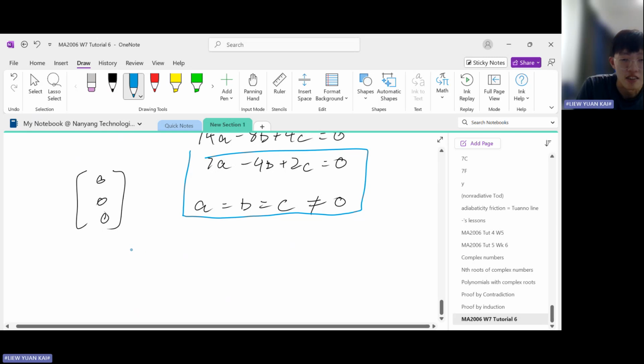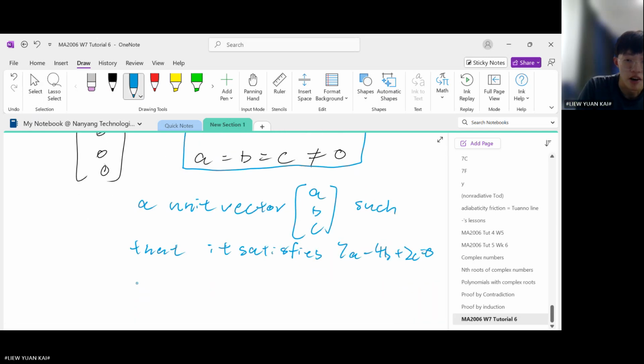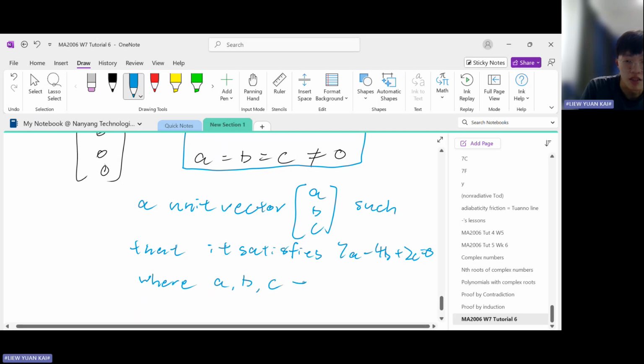Let me write it as a sentence so that you all can understand. The unit vector a, b, c such that it satisfies 7a minus 4b plus 2c equals 0, where a, b, c cannot be 0.